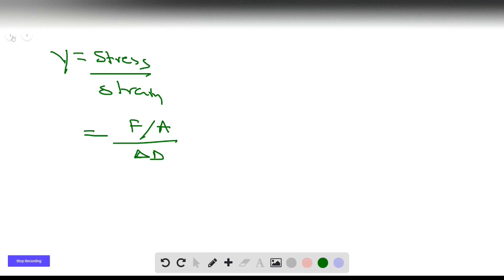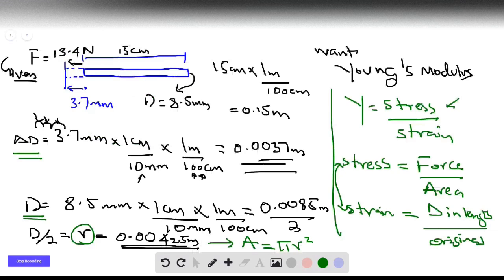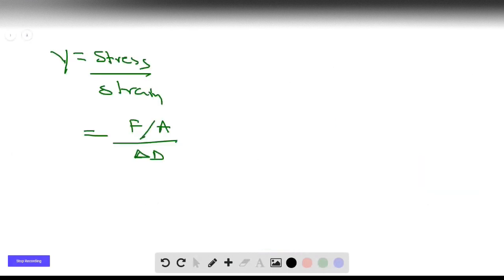The original length was 15 centimeters. So we're going to call that L, just to clarify. And then instead of calling the change in length delta D, we're going to call that delta L, just to distinguish it from the D, which is the diameter. So instead of delta D, we call it delta L, all over the original length, which is L.